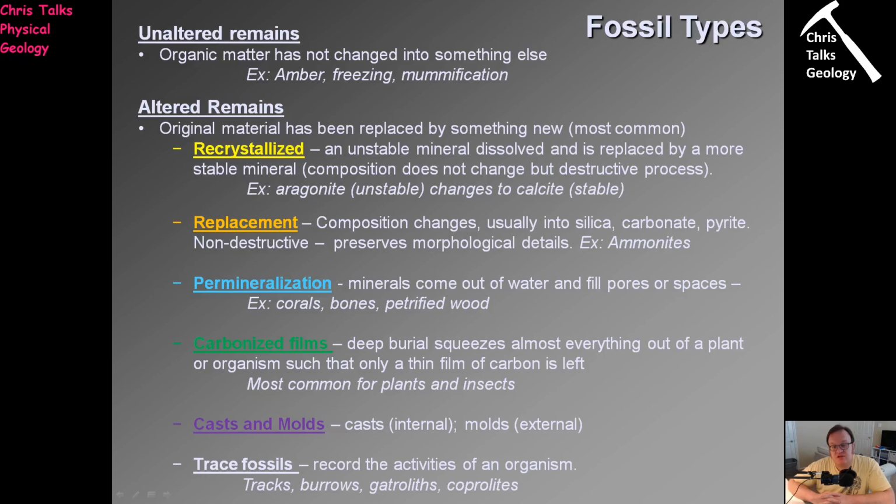Then we have permineralization, and that's simply when you have a porous material, and the spaces in the material get filled up by a new mineral. That's very common with things like corals and bones and petrified wood.